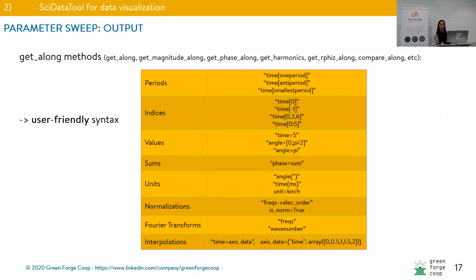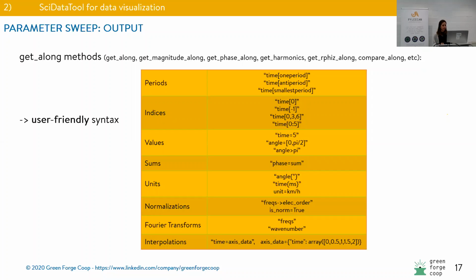So for example, if you do an FFT and you want your FFT axis not to be frequencies, but electrical orders, you can use this syntax. You can normalize also a field if you have a normalization value. For the Fourier transforms, you just need to replace time by Frec and the angle by wave number. For the time being, there are only those two matches between time, Frec, and angle, wave number, but it can be easily extended.